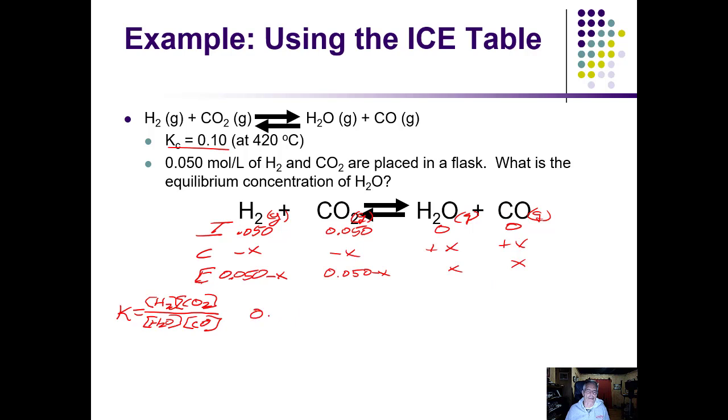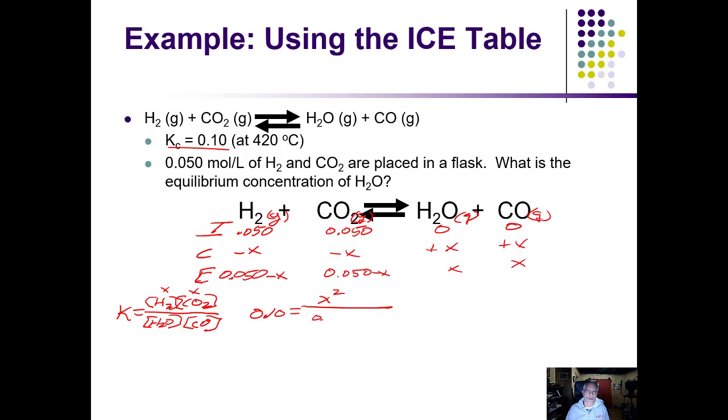We've got a K value of 0.10 is equal to X times X. That's what this is, X times X, which is just X squared. And then down here, in the denominator for reactants, we've got 0.050 minus x times 0.050 minus x.